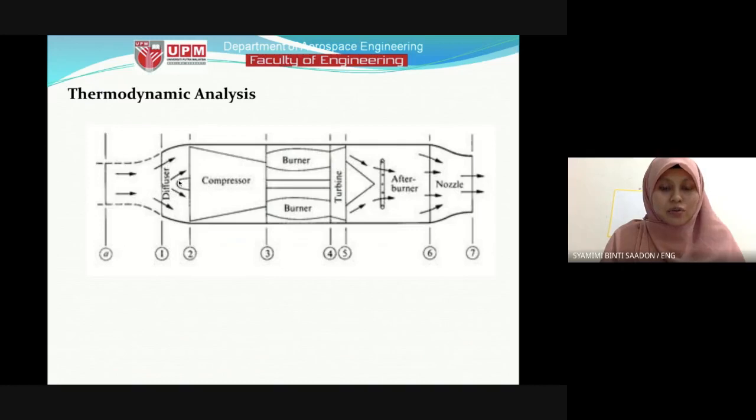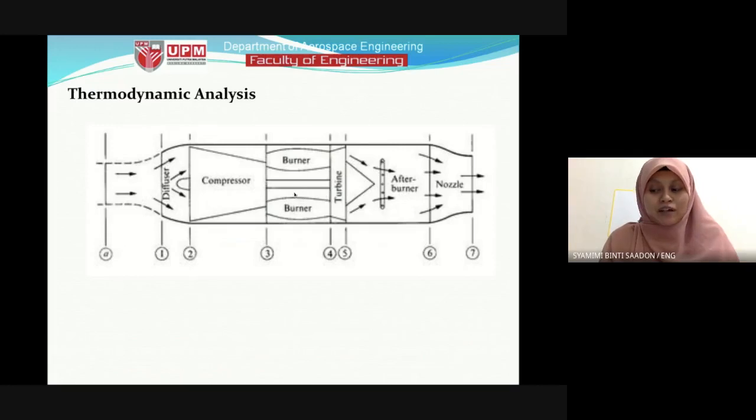So the velocity will decrease, and the kinetic energy will decrease here. Then we have the compressor to compress, so pressure increases and temperature increases. Then we have the burner, or combustion chamber.